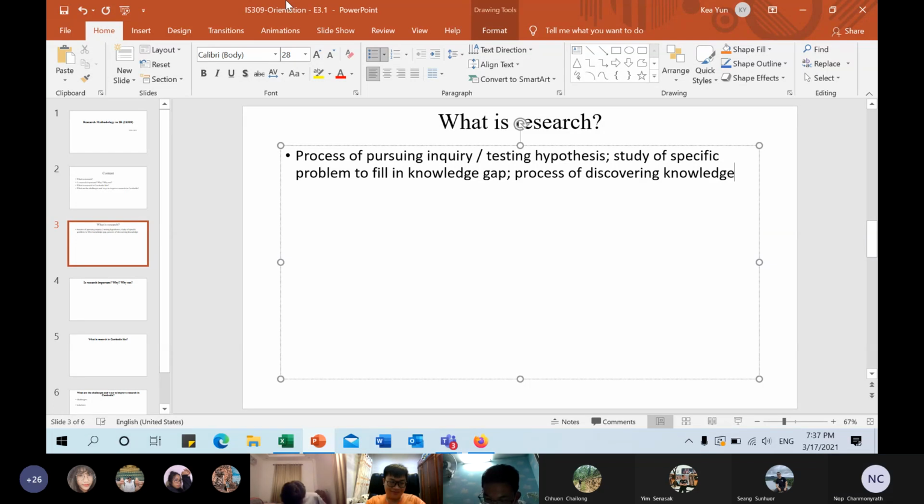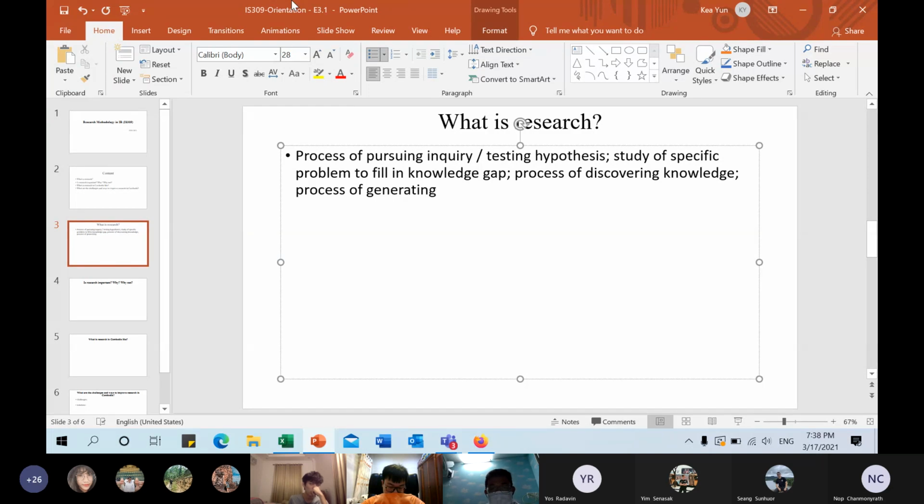Research is knowledge generation that is reliable and trustable. Process of generating knowledge, right? Yes, that is reliable and trustable.